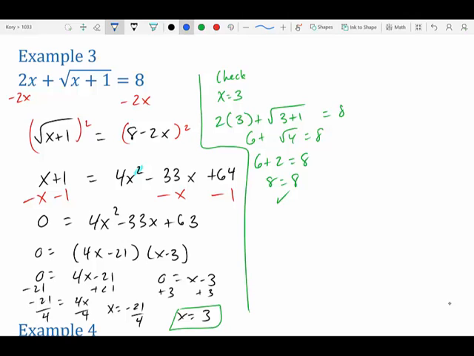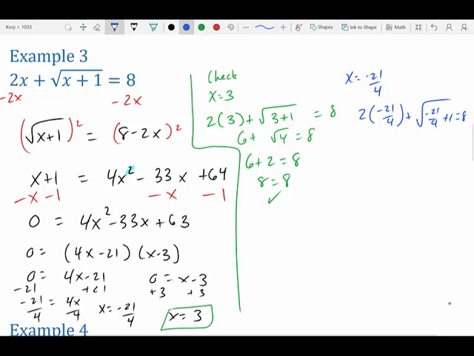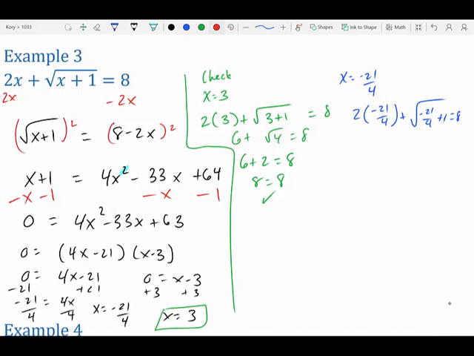Now we need to check 21 over 4. So we're going to plug it in. So we have 2 times 21 over 4 plus the square root of 21 over 4 plus 1 equals 8. I'm going to cross simplify here.